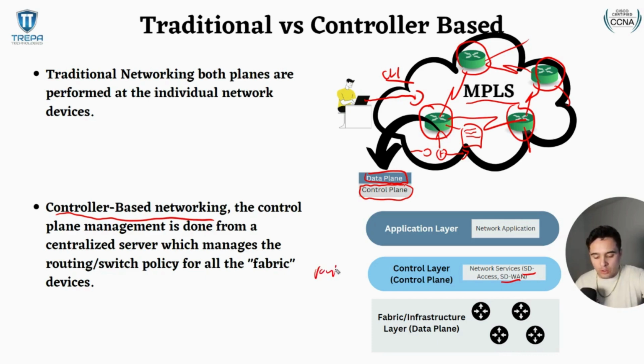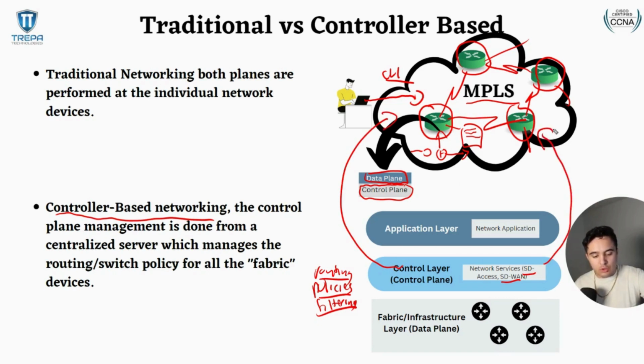All the routing, the policies, the filtering, all that configuration is pushed from a centrally managed point to these network devices. So now that network administrator is no longer SSHing, remoting in, or consoling into these individual network devices and configuring the device itself on the CLI. Now we have a centralized server or application that does that for us, what we call a controller.